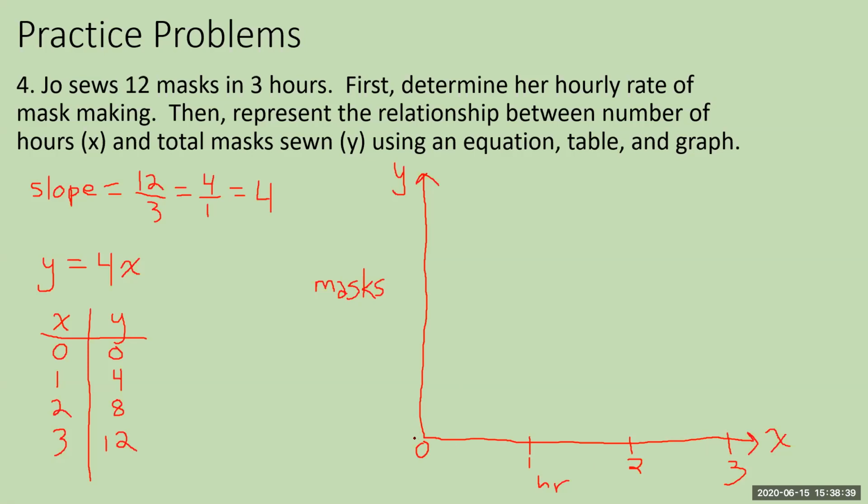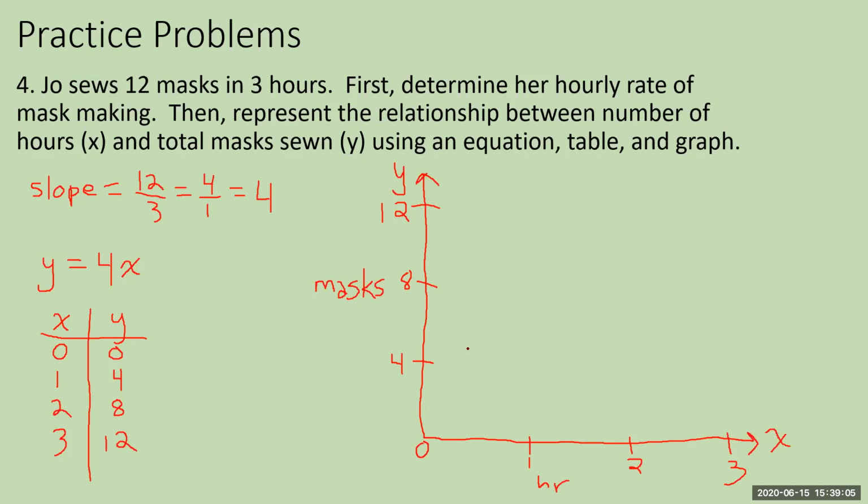And then for my masks, I start at 0 and I go up to 12. So just to make this easy on myself, I'm going to go up to 12 and then make my labels here for 4 and 8. Notice again that my intervals are evenly spaced. Each time I go up by 4, that is the same amount of space on my graph each time.